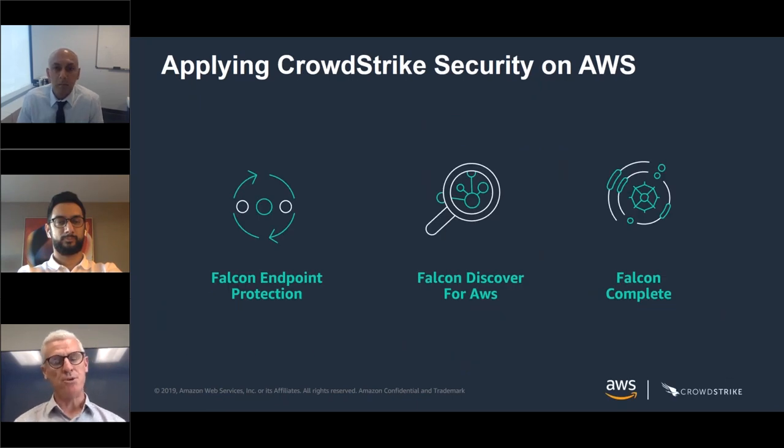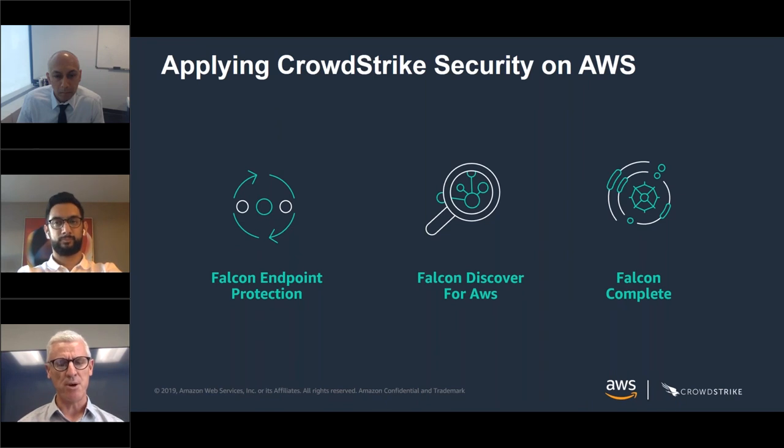So what we want you to do for the remainder of the webinar is get a lot more practical and talk about real usage and real use cases. I showed you that very large and potentially complicated platform slide, so let's focus it into three areas relevant for today's discussion. One is endpoint protection, and we'll go into that.